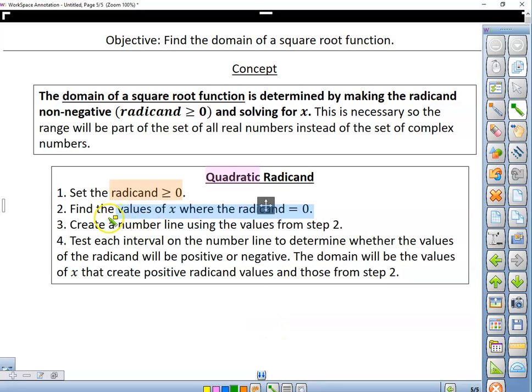And so we set up a number line using those values. And then we have to test each of the intervals that are created on that number line to determine whether we're going to get positive or negative values in each of them. So the domain values are going to be where it creates the positive intervals. So the domain is going to be the values of x that create the positive interval values. So we'll see how that looks.